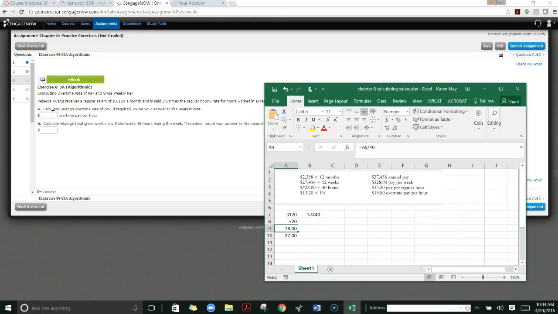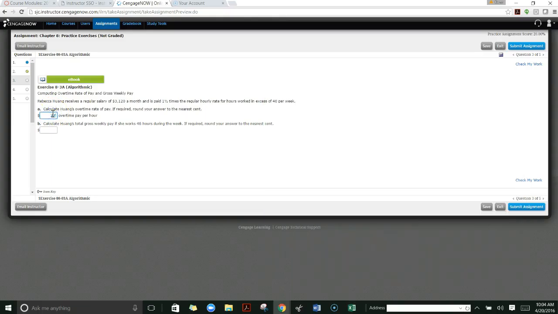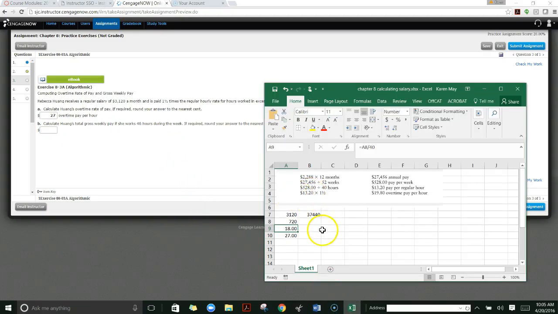So his overtime pay per hour would be 27, and then calculate his total gross weekly pay if he works 46 hours during the week. So we could calculate that by saying equals 40 times the $18 an hour and equals 6 times the $27 an hour.